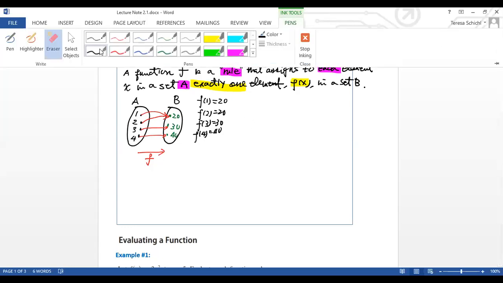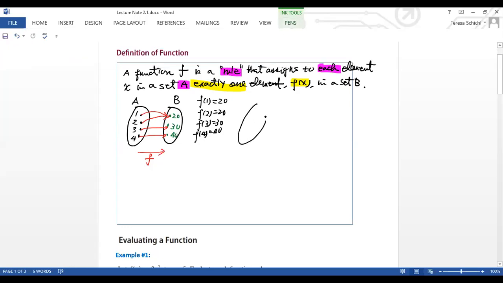So if this is A and this is B, in A I have 1, 2, 3, 4, just like we did before.